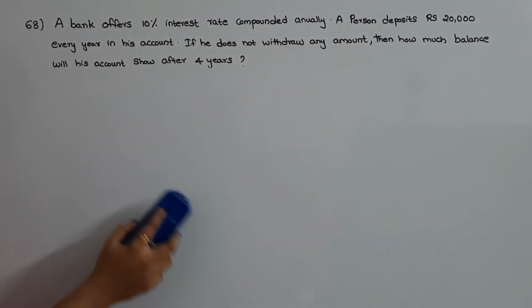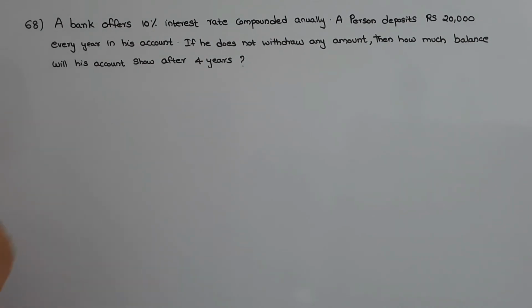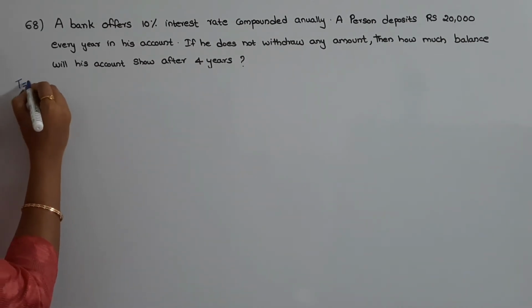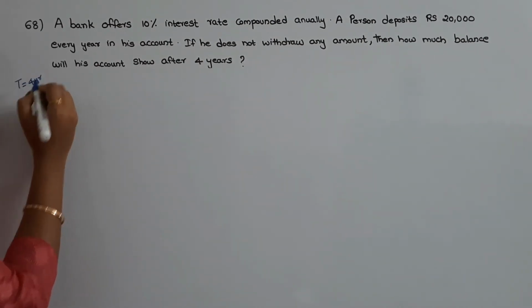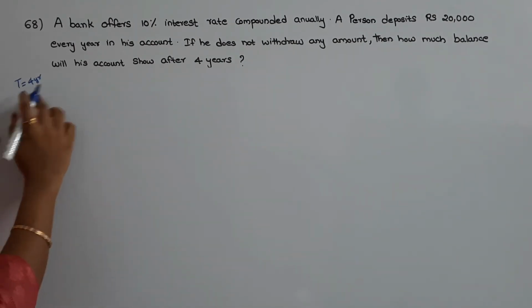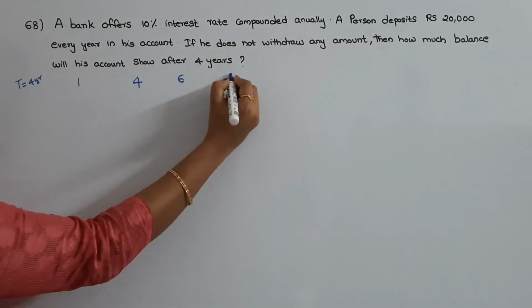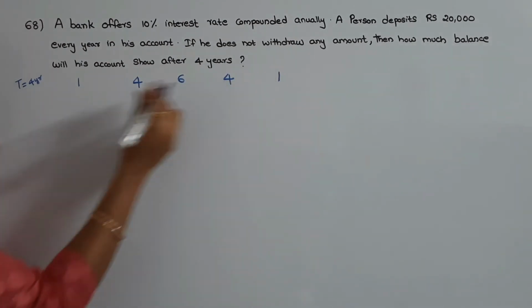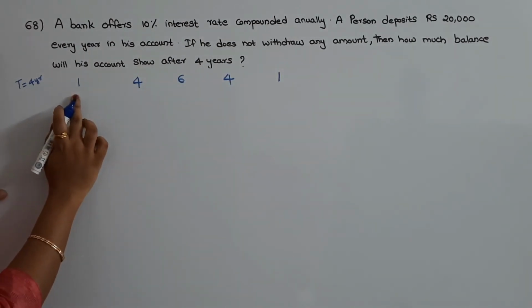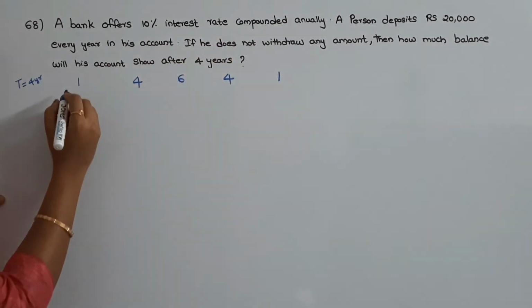So first we need to find out the total amount when the time period is 4 years. So when the time period is 4 years, we need to write 1, 4, 6, 4, 1. So below this one we need to write down the principal. The principal is 20,000.